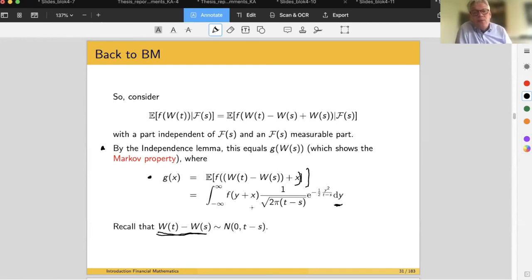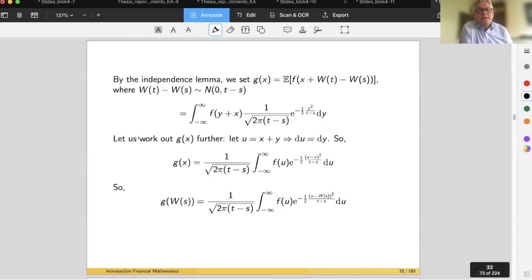So we end up with this form for g of x. Let's write this out further. Again, by the independence lemma, g of x is the expected value of f of x plus this increment.